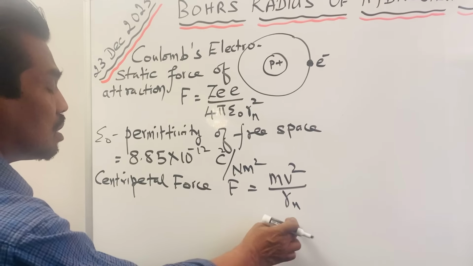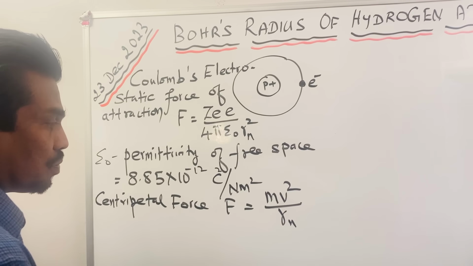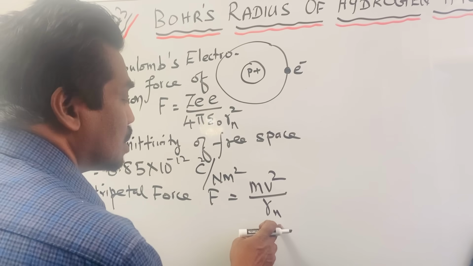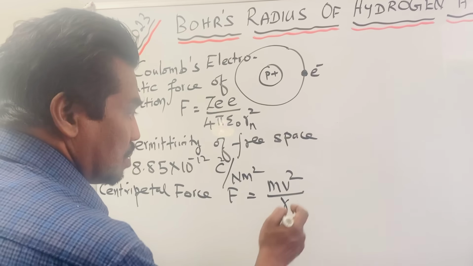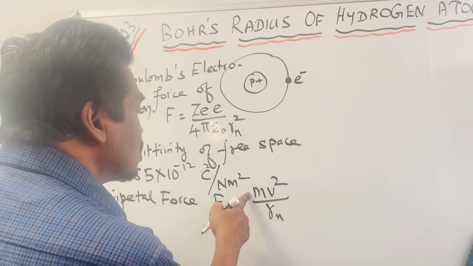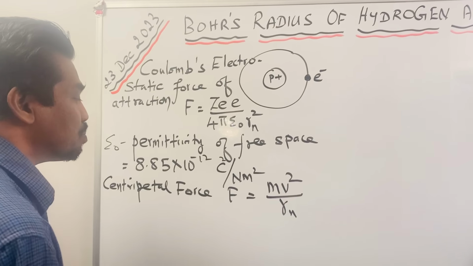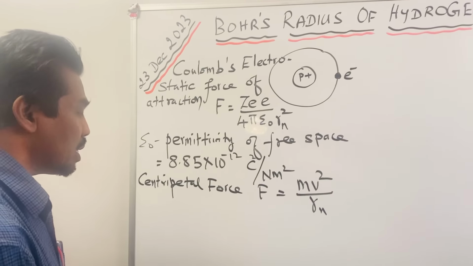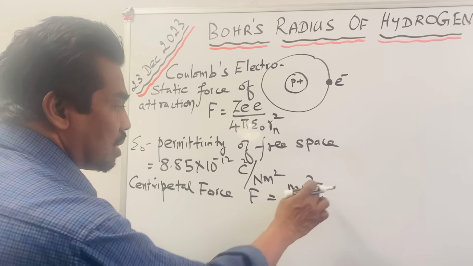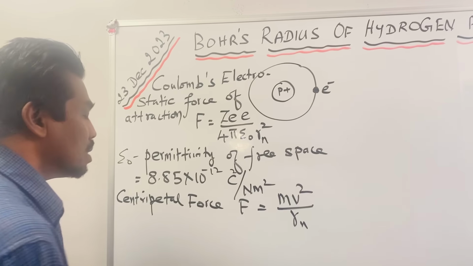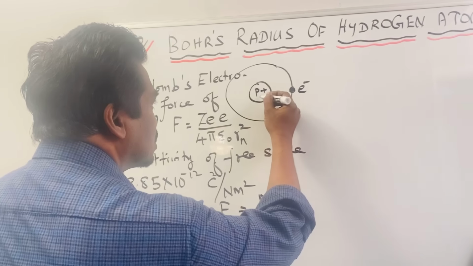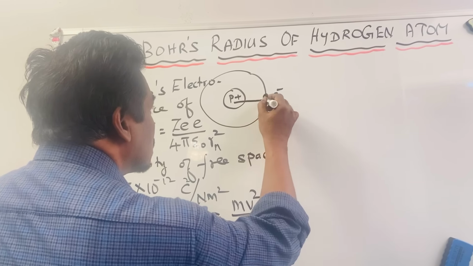For the ground state, n will be equal to 1. For the next excited state, n will be equal to 2. m is the mass of the electron, 9.1 into 10 to the power negative 31 kilograms, v is the velocity of the electron, and r is the radius, the distance between the nucleus and the electron.